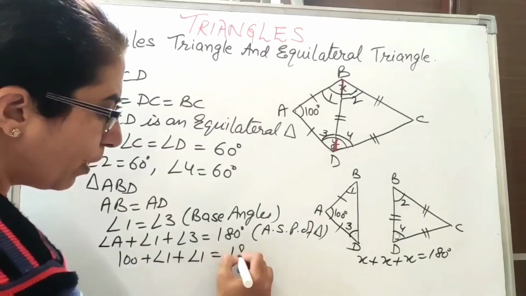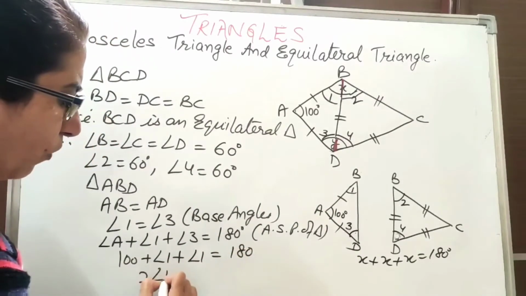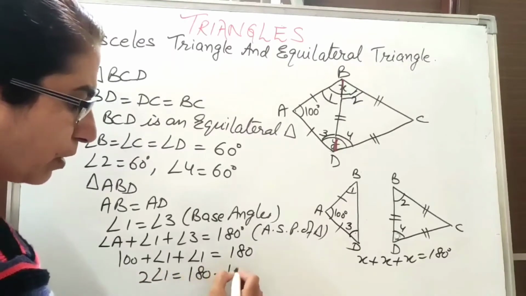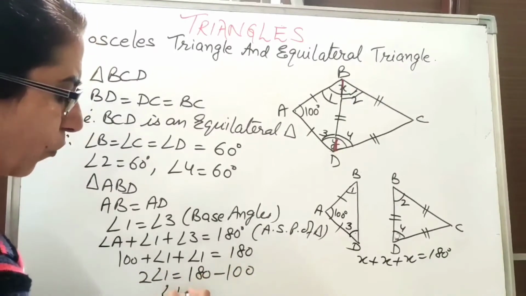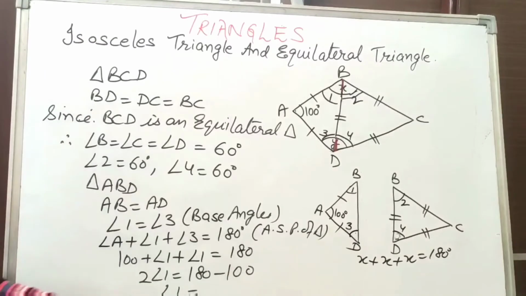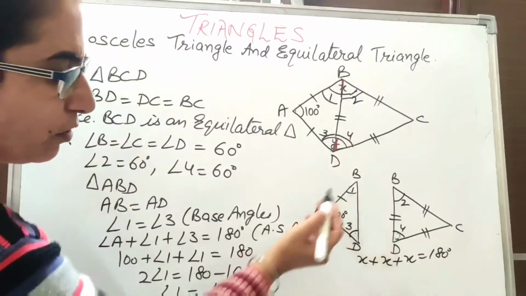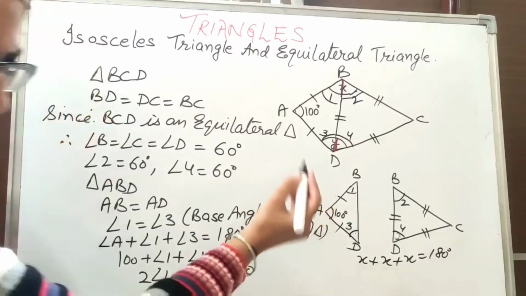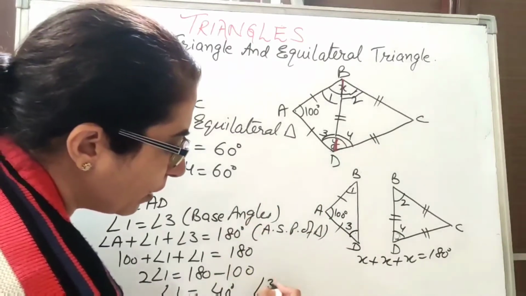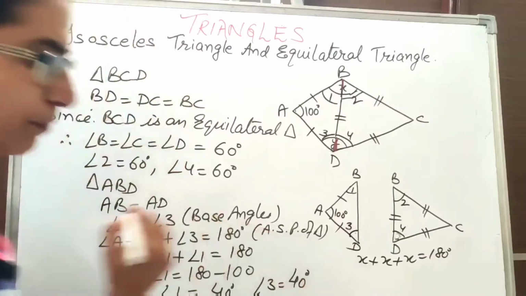So, 100 plus twice angle 1 is equals to 180 degree. Twice of angle 1 is equals to 180 degree minus 100. So, after solving the equation, we will get the value of angle 1 is 40 degree. Angle 1 is 40 degree. So, if angle 1 is 40 degree, angle 3 is also 40 degree.